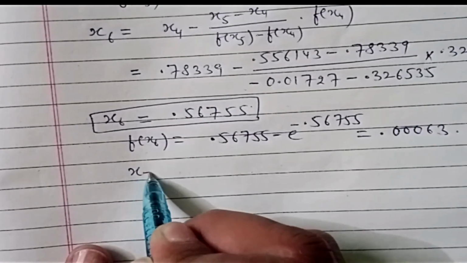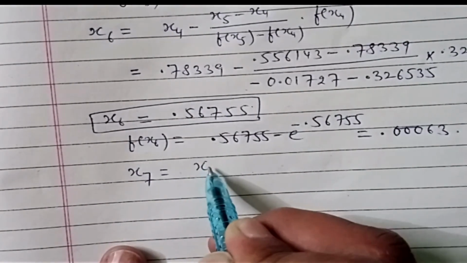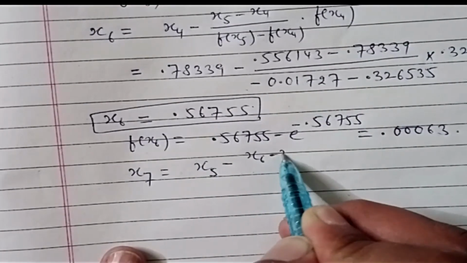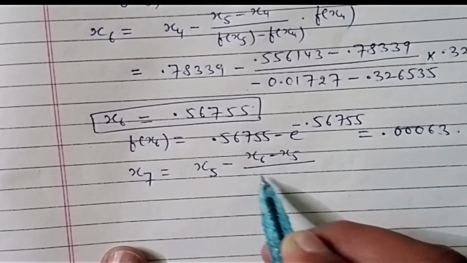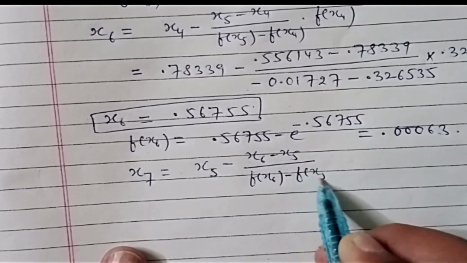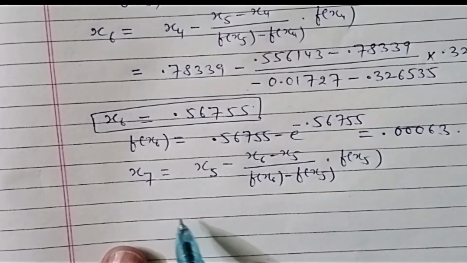Now x7 is equal to x5 minus (x6 minus x5) over (f of x6 minus f of x5) multiplied by f of x5.